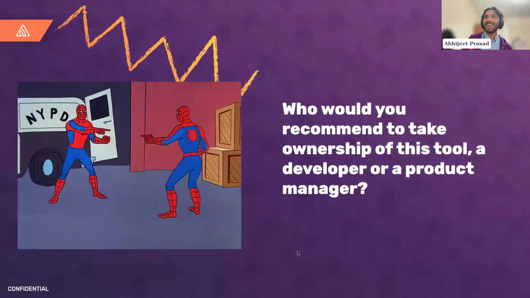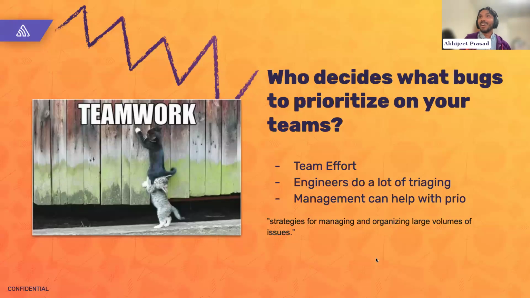Cool. Who decides what bugs to prioritize on your teams? I think this is a really tricky question, although Sentry has a ton of workflows for you to triage issues, get alerted on them, and then bi-directionally link them to your external services like Jira, Linear, or even GitHub issues.